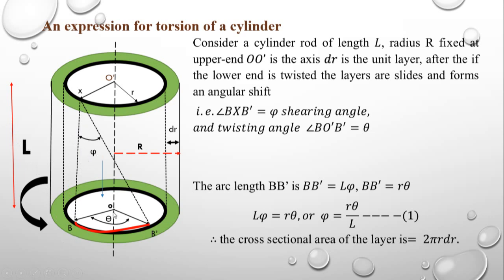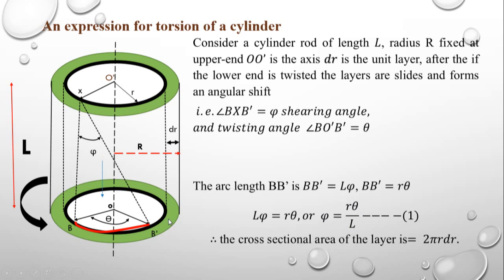Similarly, from theta we can write the arc length B to B dash equals r theta, that means radius and the angle, r theta. It is the central angle. Then by using these two parameters, B B dash equals L phi, B B dash equals r theta, we can write L phi equals r theta, phi equals r theta by L, which is called equation number 1.